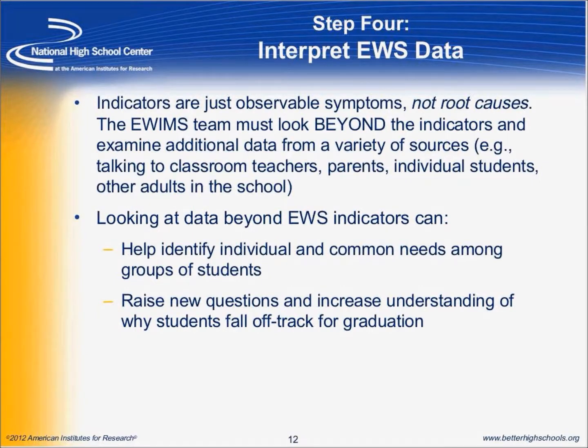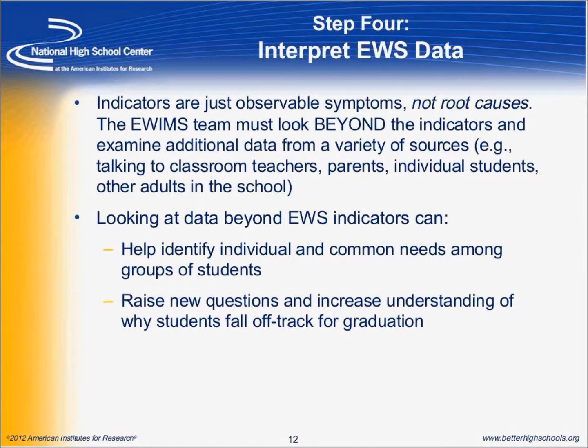And so what does a team do? The team has to examine additional data from many sources that are not in the tool. For example, I've worked with teams that talk with parents, students themselves, as well as teachers who have these at-risk students in their class, or they may even examine the students' prior school records to observe challenges in order to gather data on what issues and challenges and the needs are for these students.